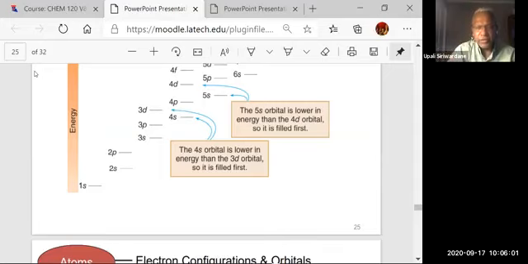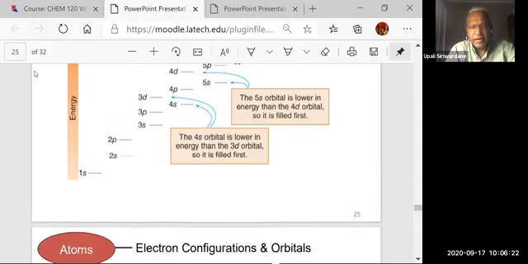So there's an exception. The quantum number is 3, quantum number 4. Normally 4 is higher energy than 3, but in the case of 4s and 3d, 4s is filled before 3d.